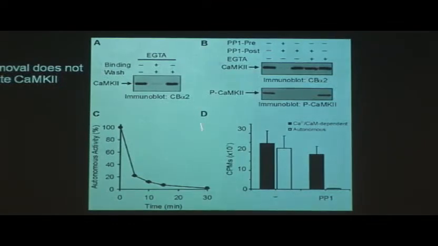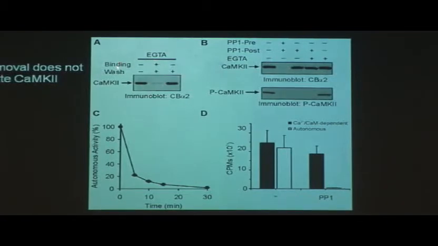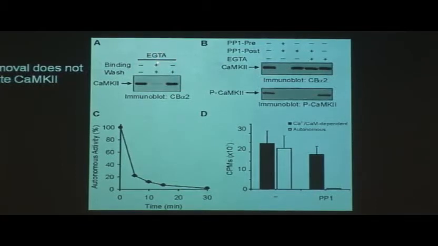And you can see that if you remove calcium by adding a calcium chelator, EGTA, you can remove the kinase only if you add that during the binding part of the experiment. But once it's bound, if you add calcium chelator afterwards, you can no longer remove the kinase. So it suggests that the kinase binds to the channel and then stays bound to the channel, even at the basal spike levels, even when calcium goes down.